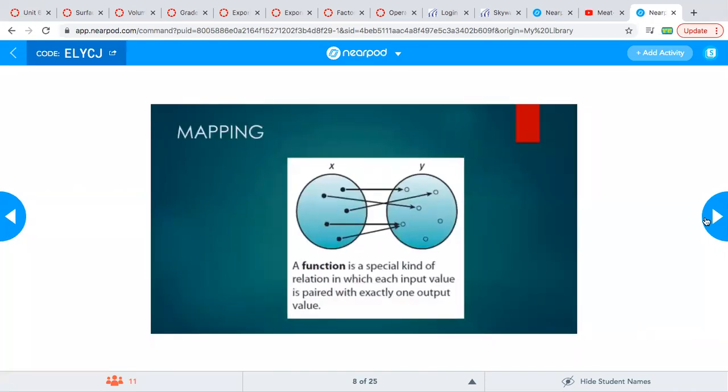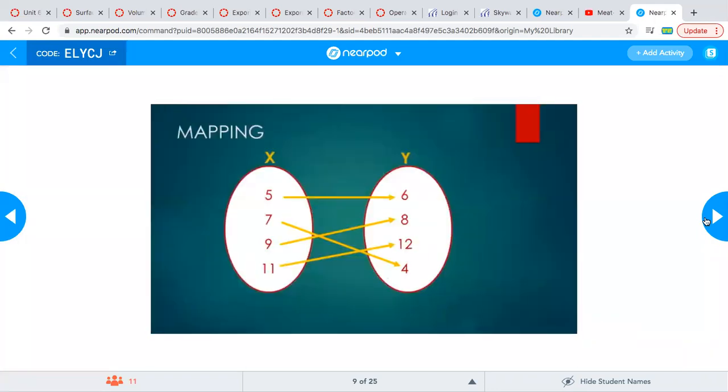So first thing we're going to do is look at mappings, and we want to figure out if a mapping is a function or not. So go ahead and draw this. You're going to draw a lot of examples on your paper, so don't try to be a perfectionist. Draw this with all the beautiful arrows coming out of it. This is called a mapping.